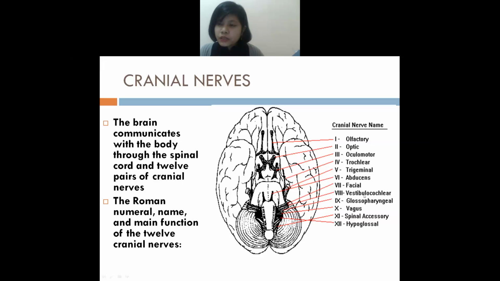The seventh is facial nerve. The eighth is vestibulocochlear nerve. The ninth is glossopharyngeal nerve. Then the 10th is vagus nerve. Then the 11th is spinal accessory. Then the 12th is hypoglossal nerve. So these are the 12 pairs of cranial nerves which we will find.